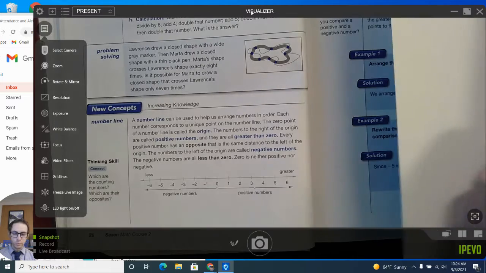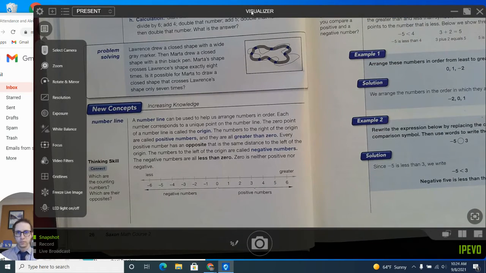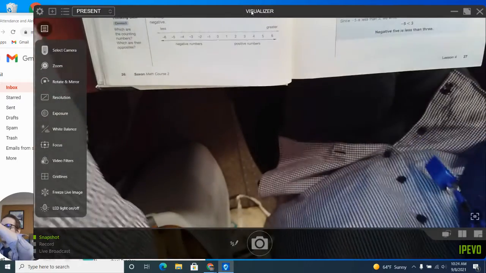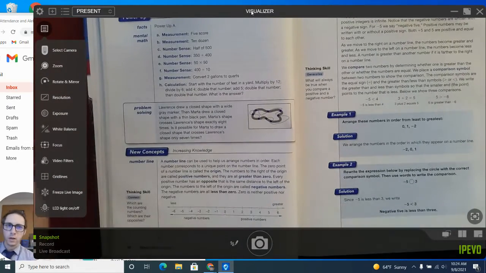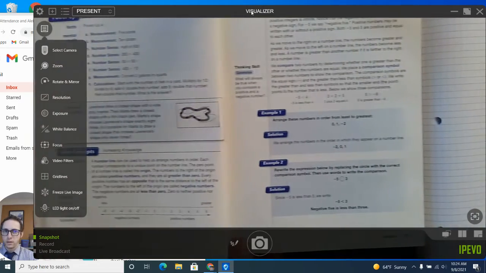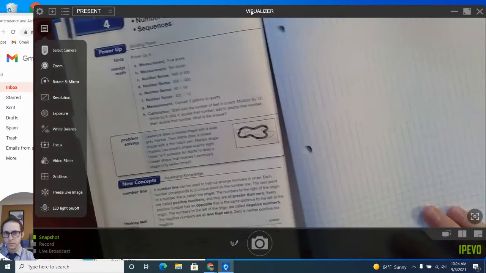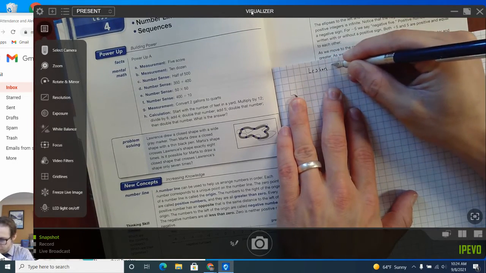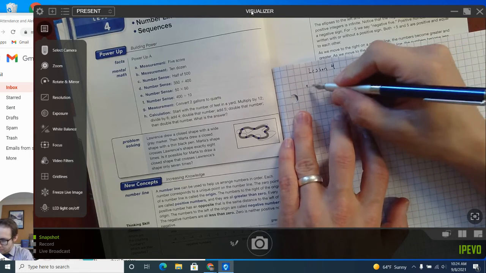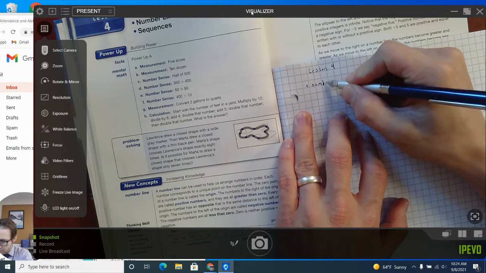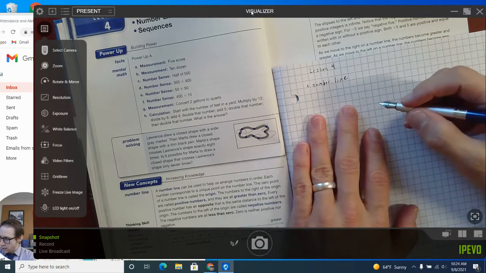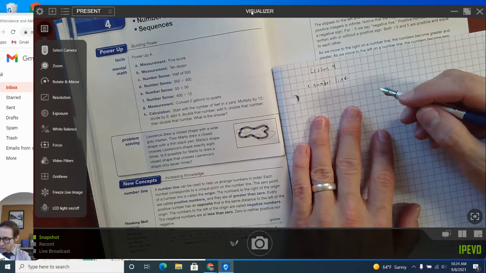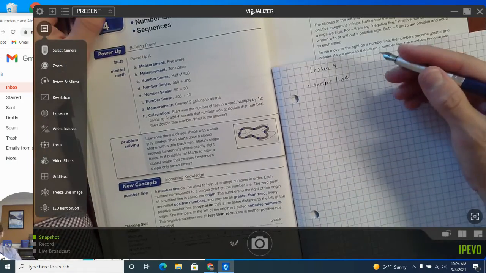So let's go ahead. Let's start with some definitions. So let's move this up a little bit. All right. Lesson 4. So number line is essentially an infinite line.